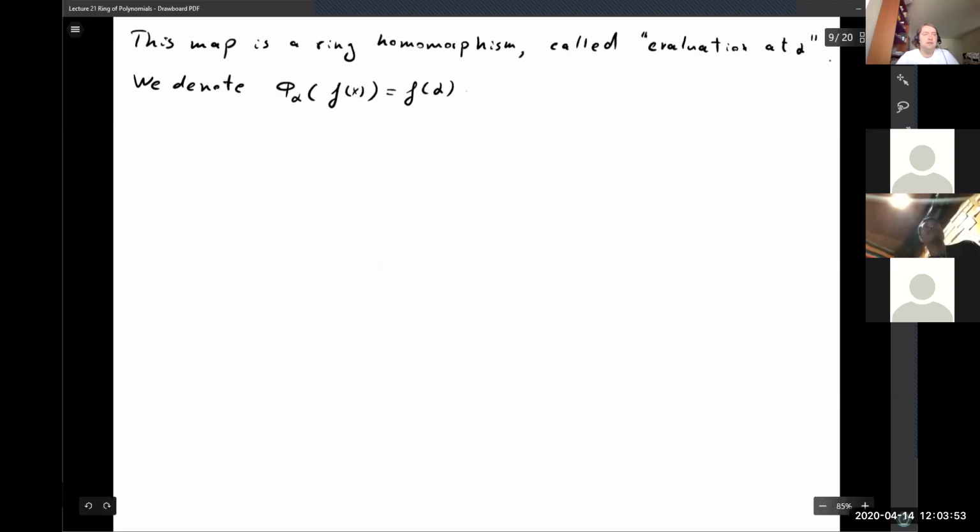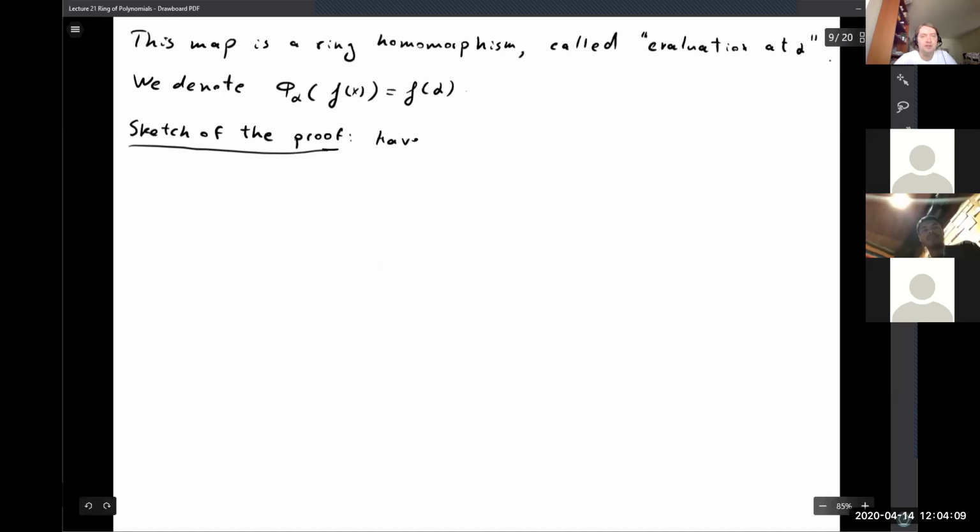Okay, so the sketch of the proof would go as follows. Of course, by now you have seen many proofs of very similar type.